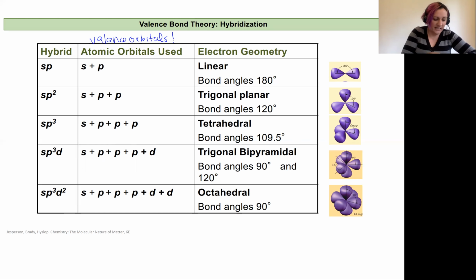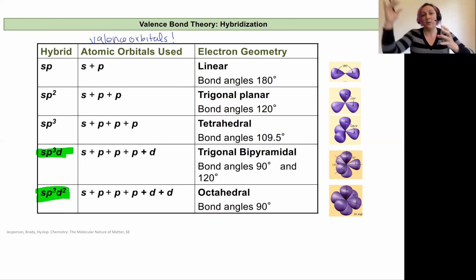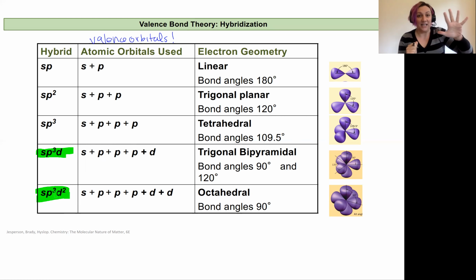You see this pattern that after we hybridize s with all of our p orbitals, we could start hybridizing with our d orbitals as well. By pulling in one d orbital, we now have 5 bonding hybridized orbitals, and that's how we get our trigonal bipyramidal geometry.